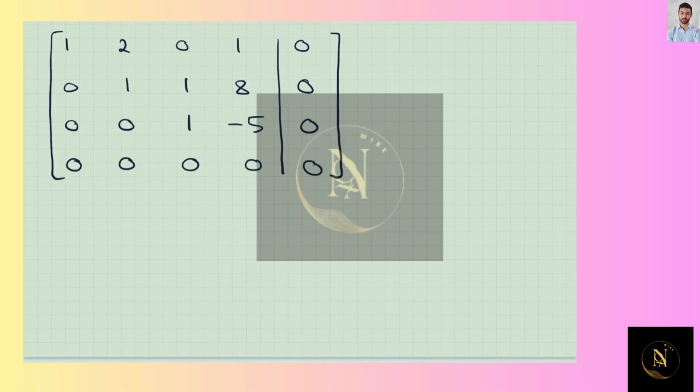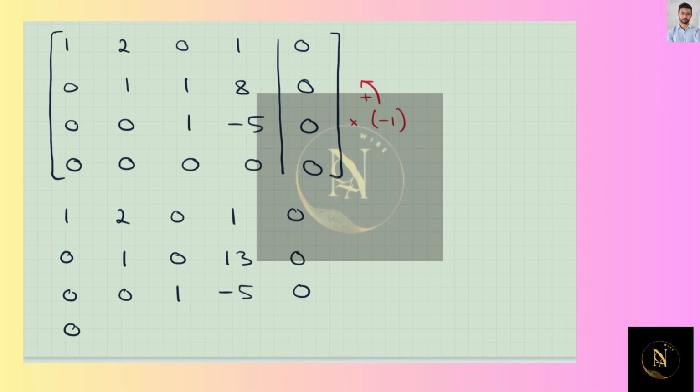We will multiply the third row by negative 1 and add it to the second row. We will rewrite the first row, the third row and the fourth row, and in the second row we are going to get 0, 1, 0, and 5 plus 8 is going to be 13. And we will just rewrite the remaining two rows.